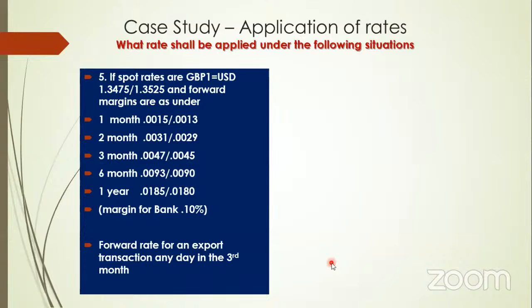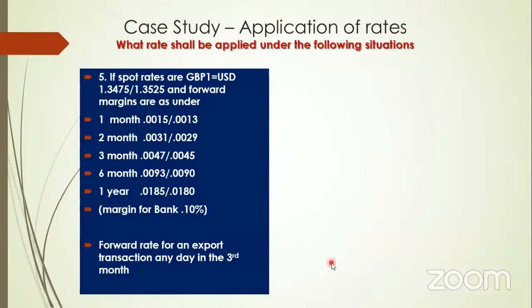Forward rate for an export transaction any day in the 3rd month. Any day. When they use the words any day, they are twisting you. What is any day? In the earlier question, they straight away asked for the 3rd month or 2 months or 6 months. Here they are twisting you. What is the twist they have made? Because CAIIB always twists you.